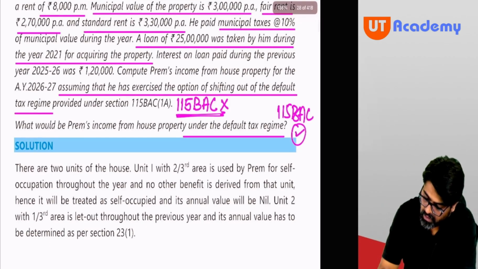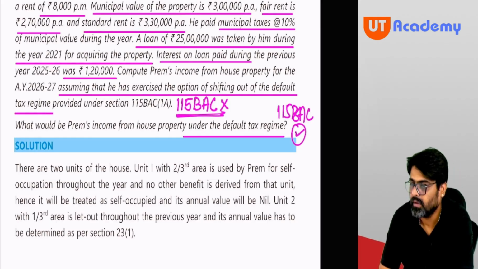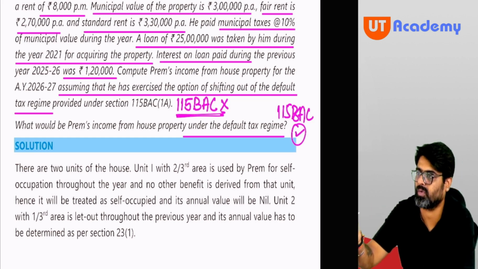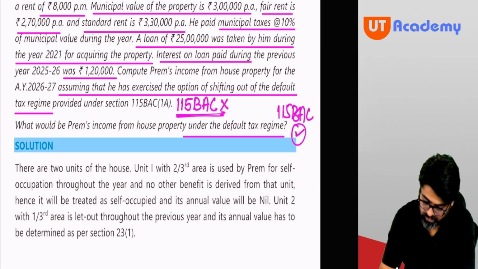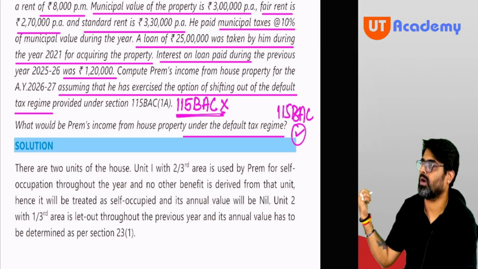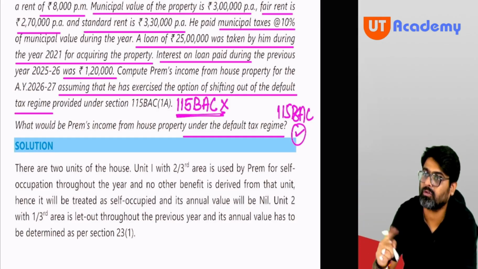Interest on loan paid during the previous year was 1,20,000. Now the loan was taken for the two-third portion, the one-third portion, or the property? If the loan was taken for the property, this interest of 1,20,000 is for the entire property. This interest will also be divided.